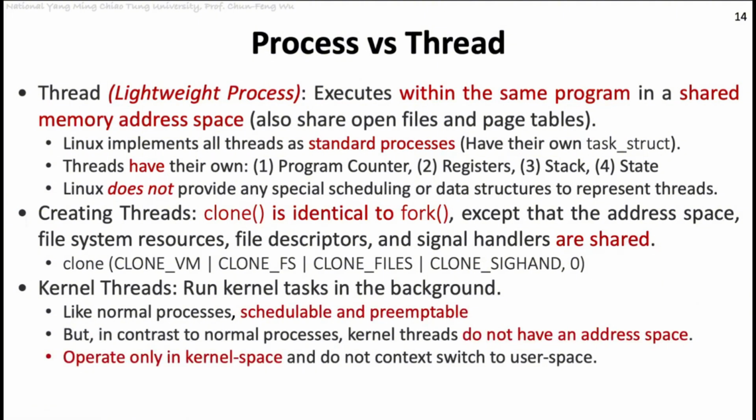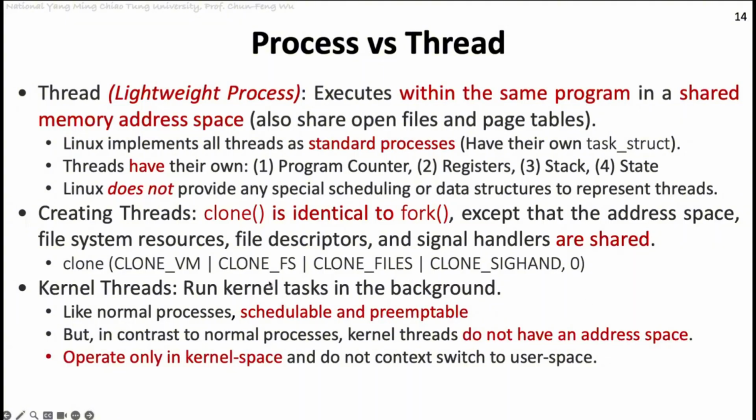When we are talking about threads, there is a very important thing called the kernel thread. Usually a kernel thread is like a daemon or a monitor; it will monitor the system utilization. Kernel threads run kernel tasks in the background.